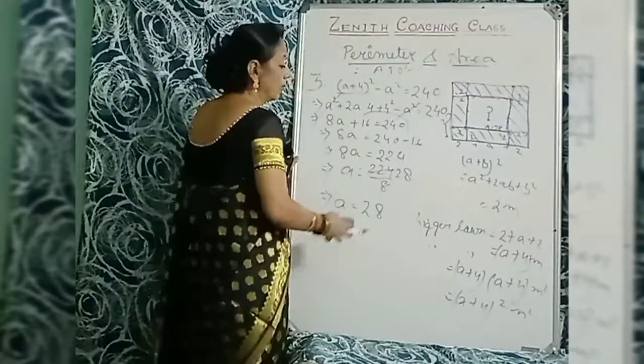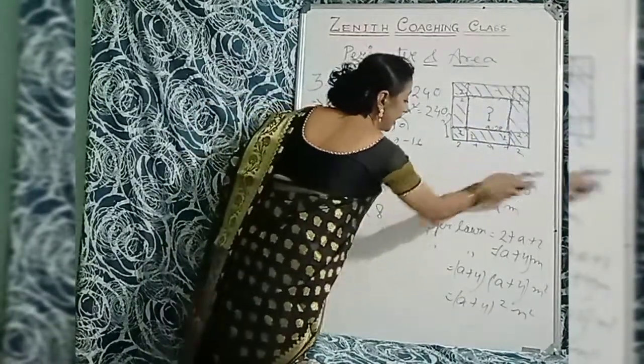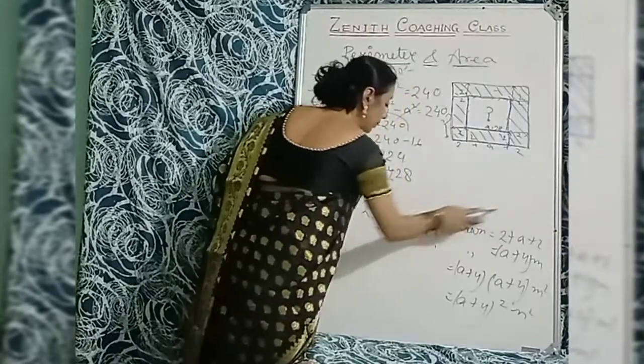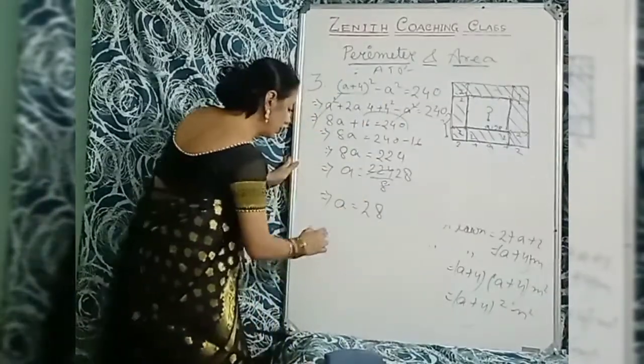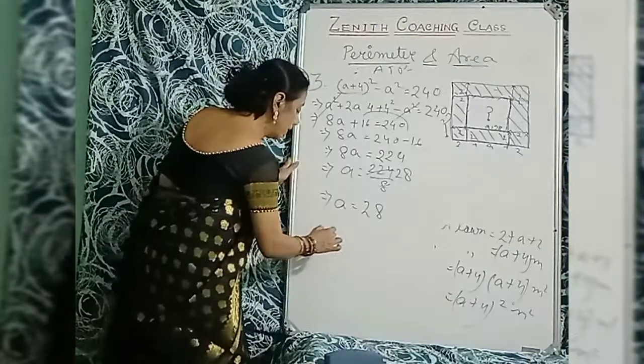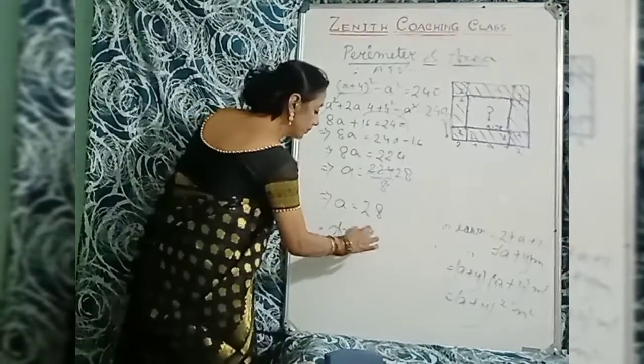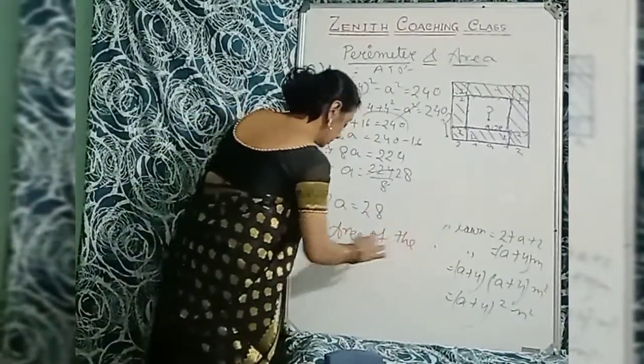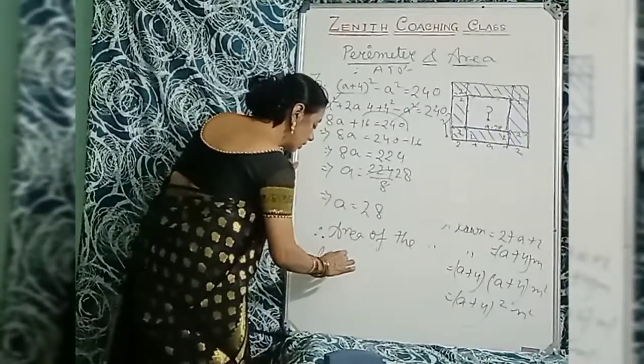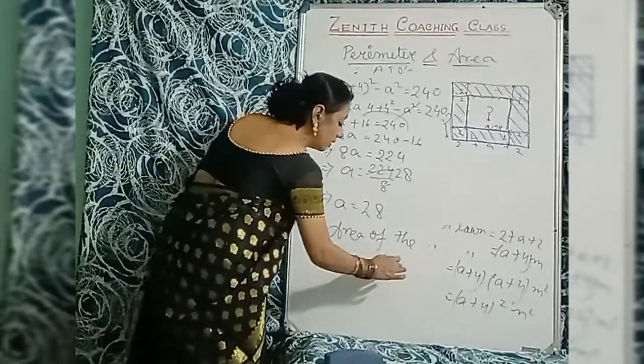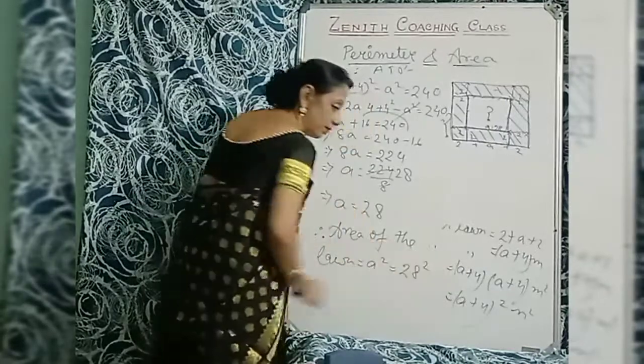So I asked you to find the area of the smaller lawn. That is the area of the lawn. Area of the lawn equals a square equals 28 square.